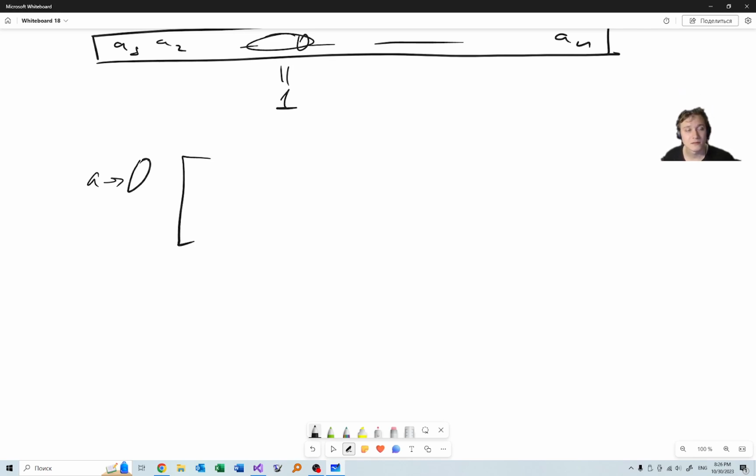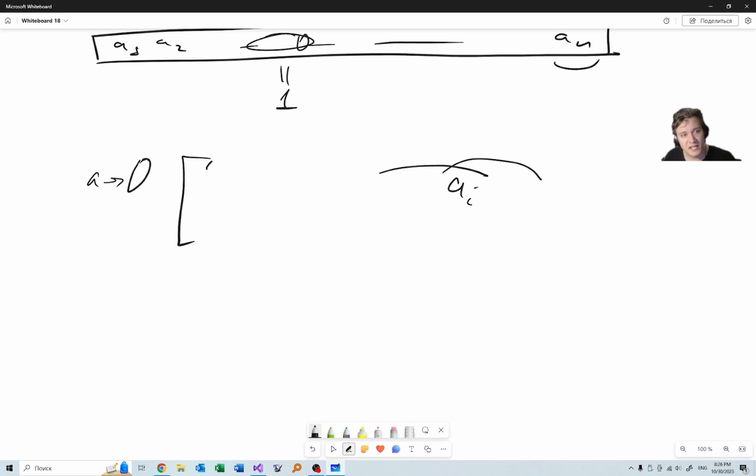Each number is in 2 pairs, the left pair and the right pair. Maybe one of them does not exist if we are considering an edge case, but still, at most 2 pairs.